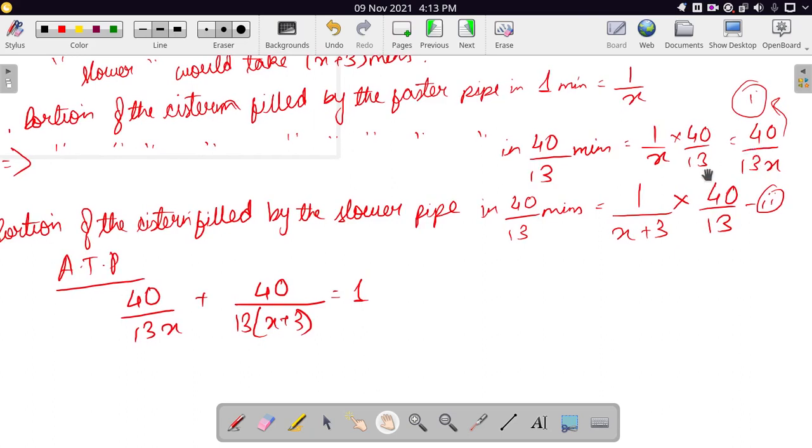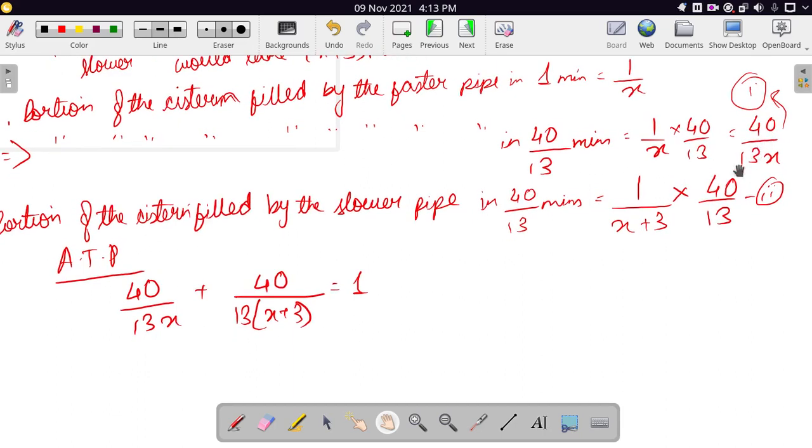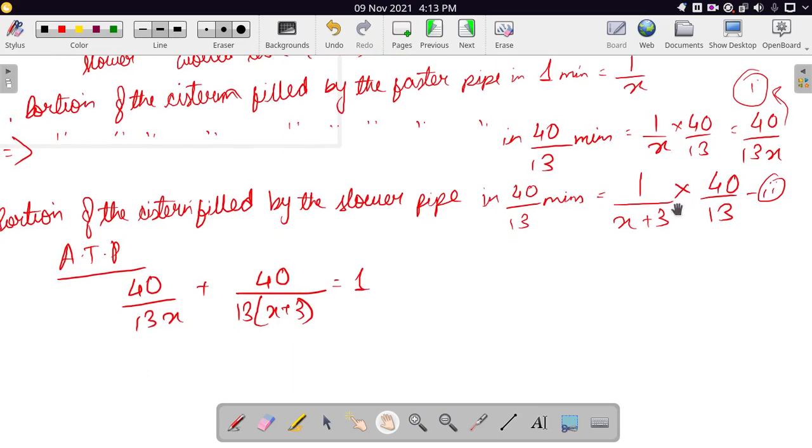This is the work done by the faster pipe, this is the work done by the slower pipe. When you add the portion of the work done by both the pipes, you will get 1, because you are accomplishing one complete task, right? Both of them are acting simultaneously. The main purpose of them is to fill up the cistern. So the work done by the two pipes is 1. That is the reason why we have written 1 over here.